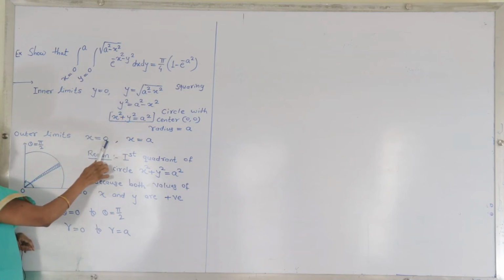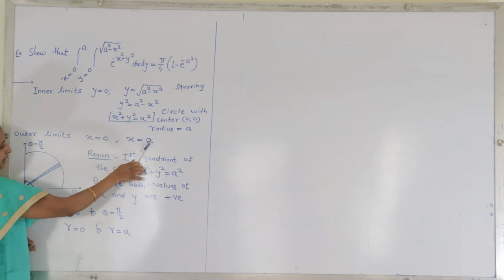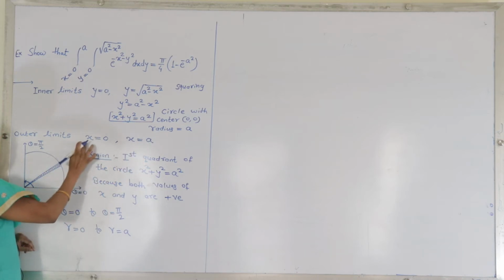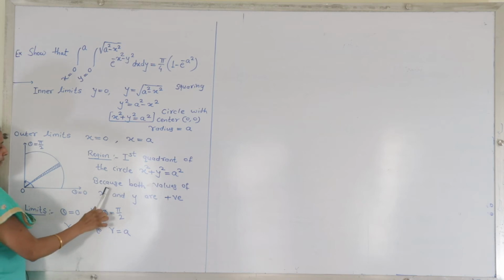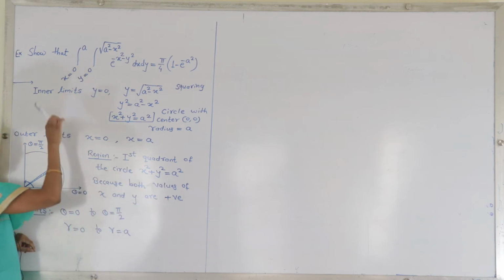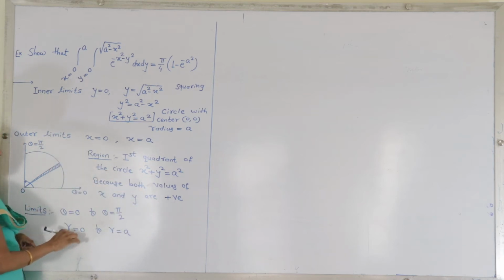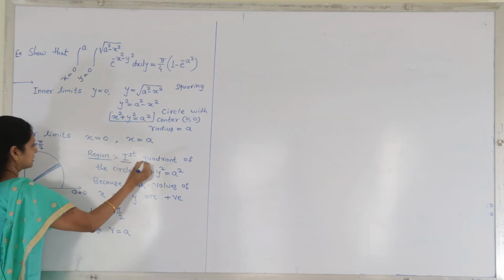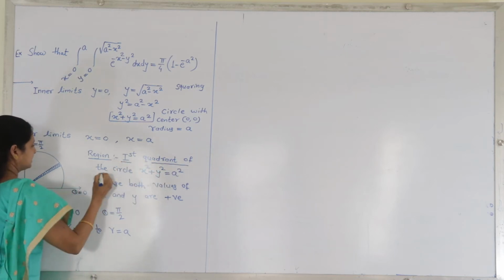X is equal to 0 and x is equal to a; x is equal to 0 is positive side of y axis. Then both values of x and y are positive. All the coordinates are positive, therefore the region is the first quadrant of the circle.